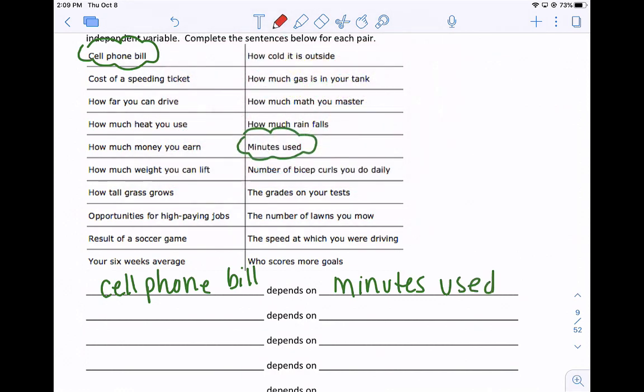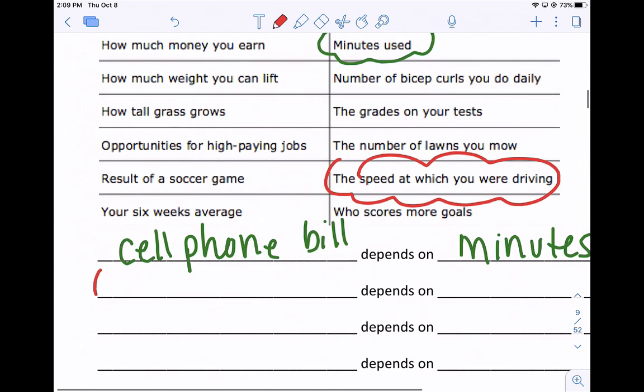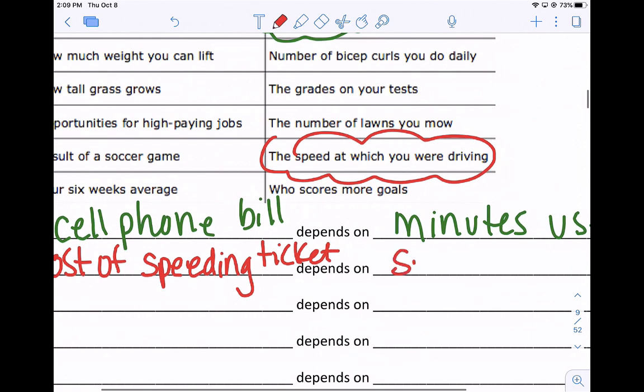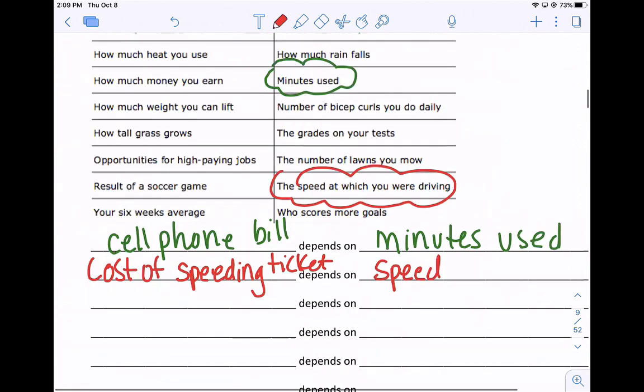Okay, let's do another one. How about this one? Cost of a speeding ticket. All right, which one is it related to over here? The speed at which you were driving. Okay, so the cost of your speeding ticket depends on the speed at which you are driving.